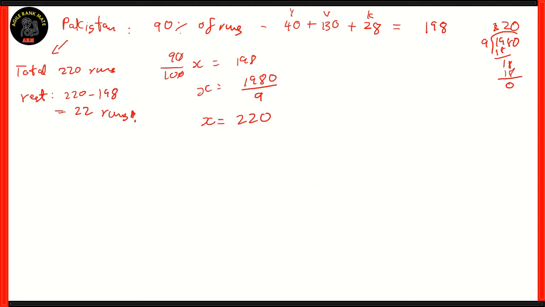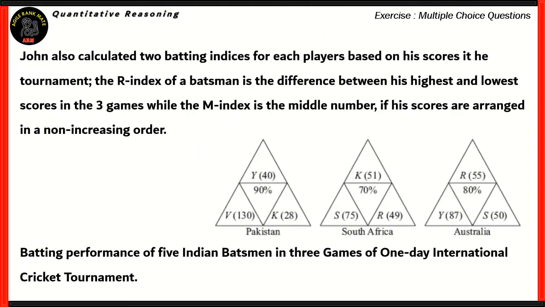Now, let's look at the match against South Africa. In the match against South Africa, 70% of the runs were scored by the top 3 batsmen, which in this case is Kaif, Saurav, and Rahul.